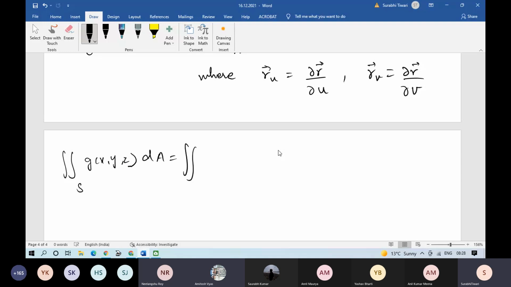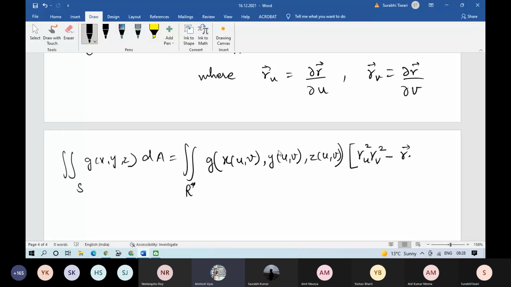Ma'am, the mod of Ru cross Rv is the Jacobian equivalent. हाँ, वही होगा. तो दिस इज g(x(u,v), y(u,v), z(u,v)) और Ru स्क्वायर Rv स्क्वायर रखोगे निकालोगे तो यही वैल्यू आएगी, माइनस Ru डॉट Rv का होल स्क्वायर पावर हाफ du dv.